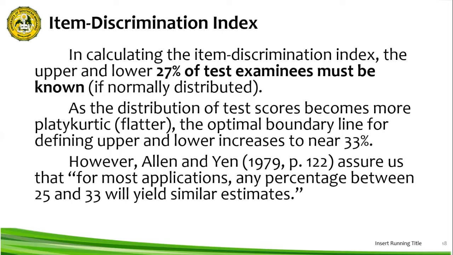So, how do we get the 27% of the upper and lower? You will first arrange the scores from the highest to lowest, and then you will get the 27% by multiplying 0.27 times the number of participants in the examination.